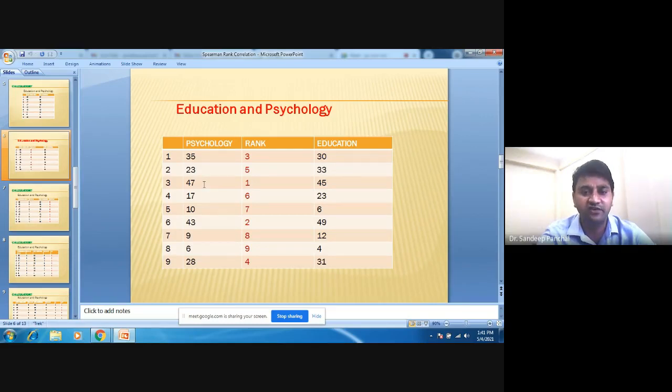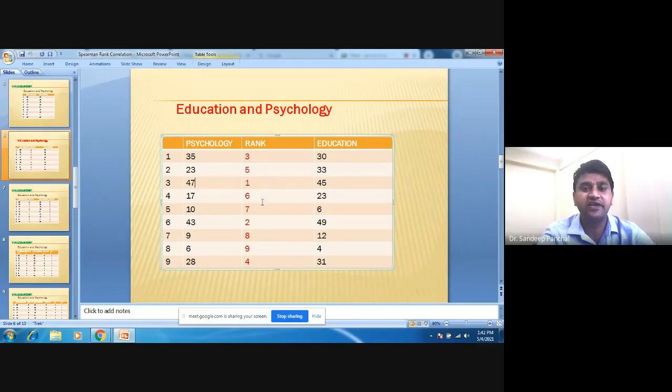For the second rank, we provide the second highest score, 43.